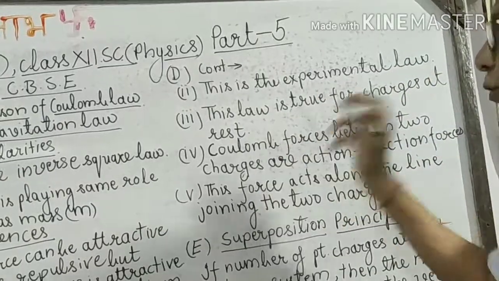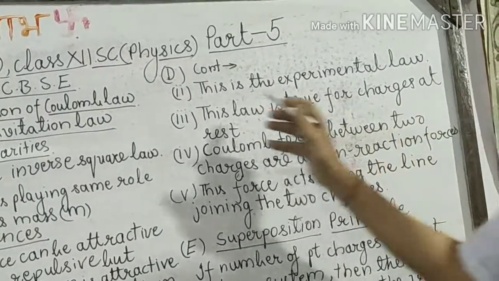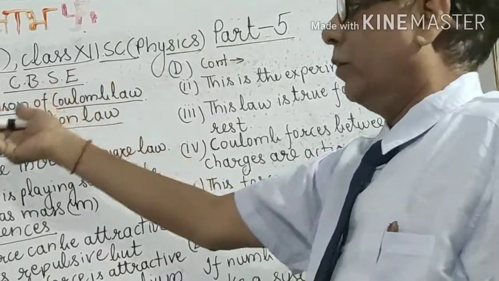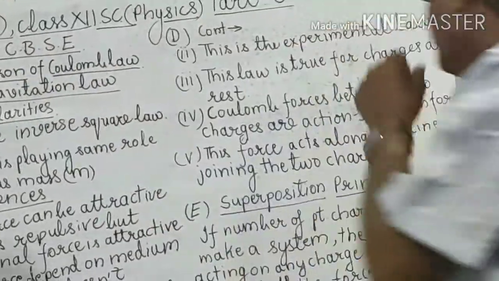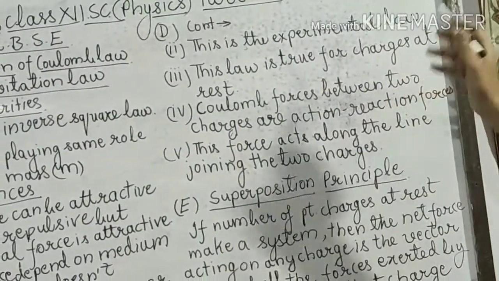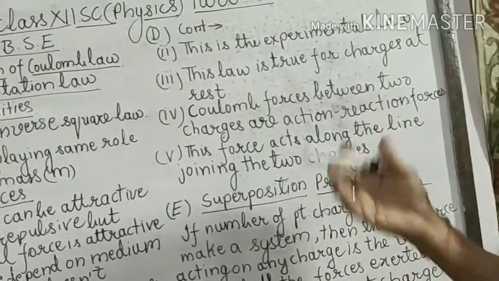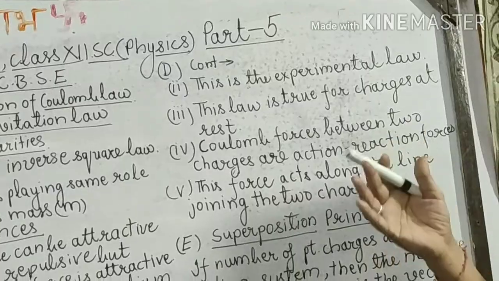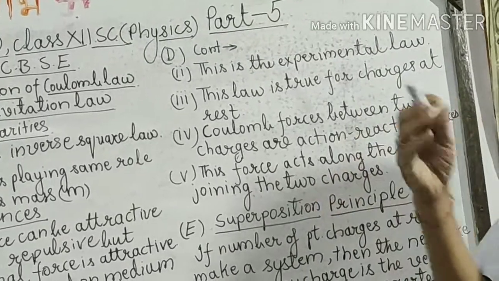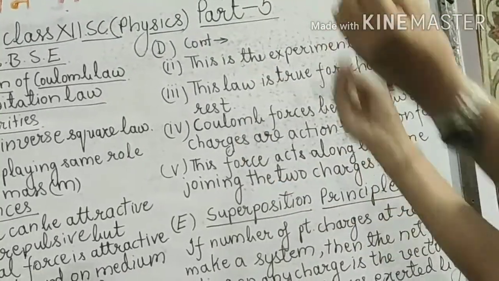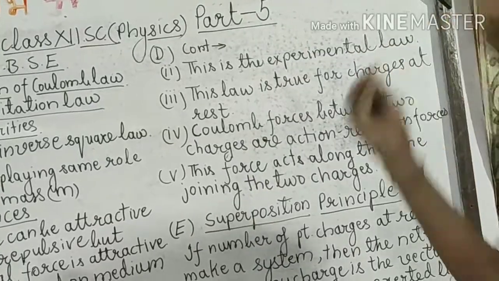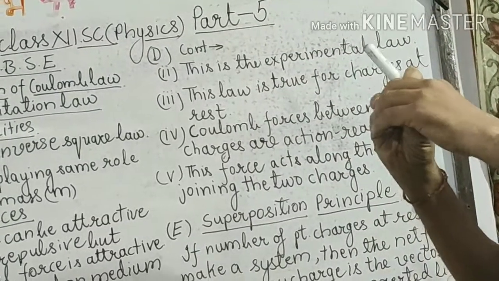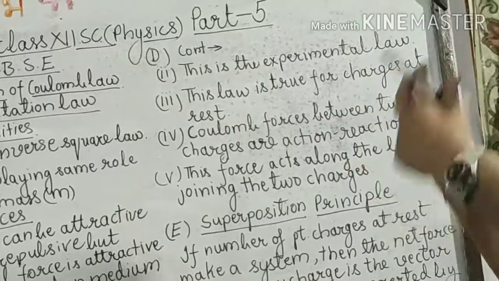Third, this law is true for charges at rest. This is also very important. The point charges between which the Coulomb force is experienced should be at rest. Only then will they create the electric field, and when they create the electric field, the two charges mutually interact. They will experience action and reaction forces of electrostatic interaction.